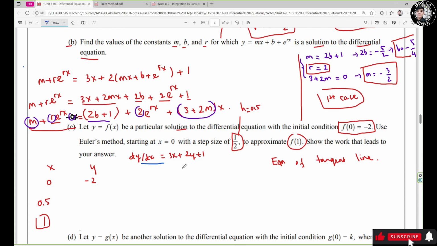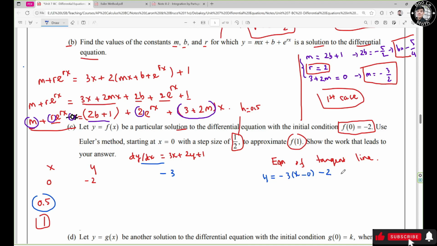So this guy turns out to be negative 3. And the equation should be y equals, the slope is negative 3 times s minus s1 plus y1, which means negative 2. I need to substitute 0.5 for s into this equation to solve for new y.